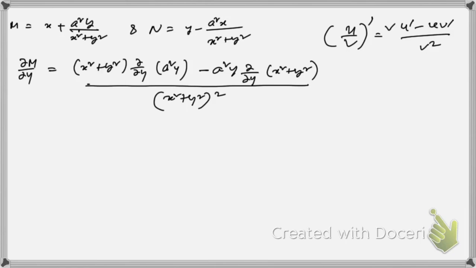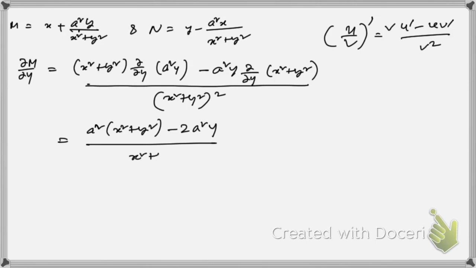Now if you differentiate it, your result will be a square times x square plus y square, minus 2a square y square, divided by x square plus y square whole square. Then if you simplify that, a square x square plus a square y square minus 2a square y square, here we should get y square, right?